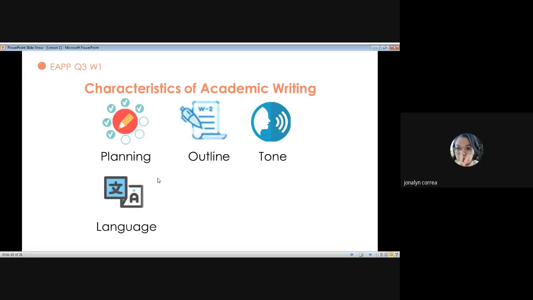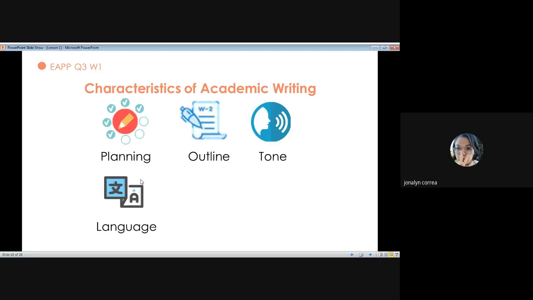Then next is the language. Language in your paper needs to be clear. The words need to be chosen with precision. Better to be direct to the point, and exact words should be chosen. You are encouraged to use thesaurus as a tool for you to pick the right words that will explain your issue.